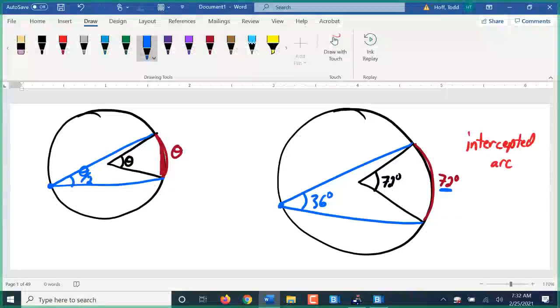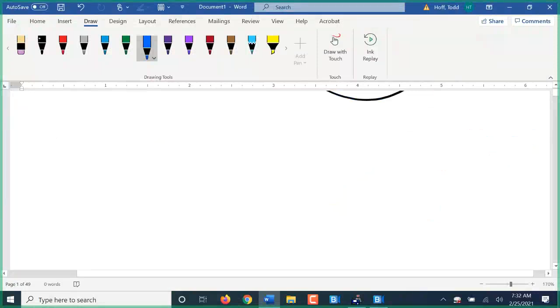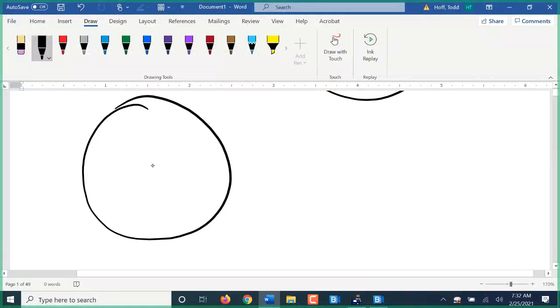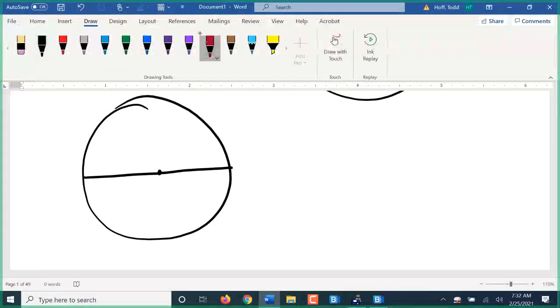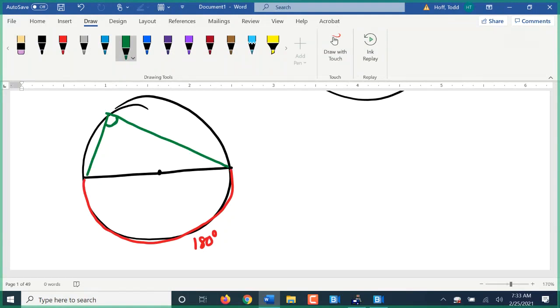Now there are some consequences of that that are a little bit subtle but very obvious once you see them. If I have the diameter of a circle, you might not think about it, but that diameter actually has two intercepted arcs. But let's just use the bottom as an intercepted arc. That's half a circle. That's 180 degrees. So if I have an inscribed angle here, what does this angle have to be?